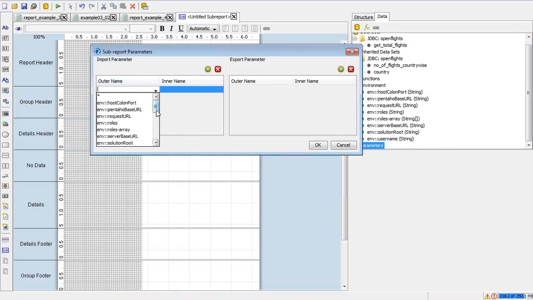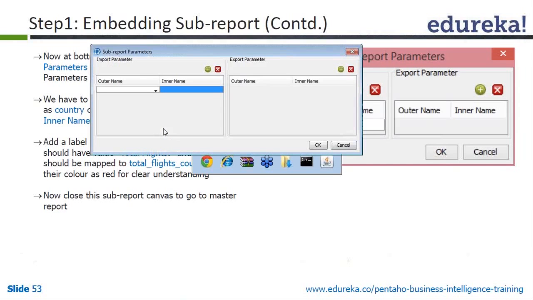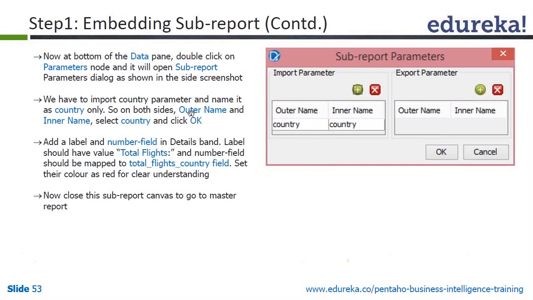But import is essentially you are importing from your parent. So here we are going to select country. We are supposed to select only country as a parameter. So we have to import the country parameter and name it country only, on both sides, outer name and inner name.